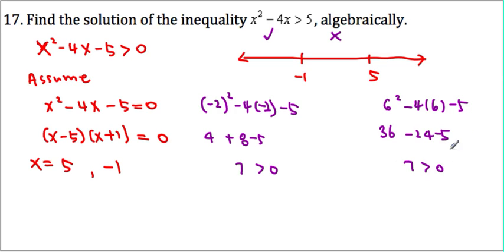And once again, 7 is greater than 0, so that is our answer. Therefore, our answer is this section and this section. We could have actually used open circles at both ends because we don't have the equal sign on the right over here. All right, so let us move on to the next question.